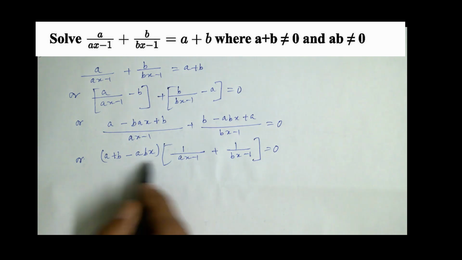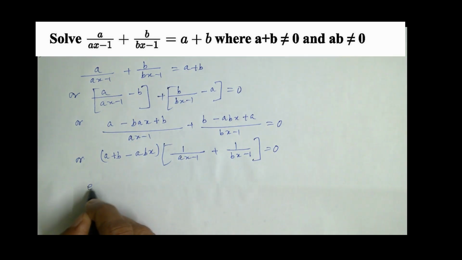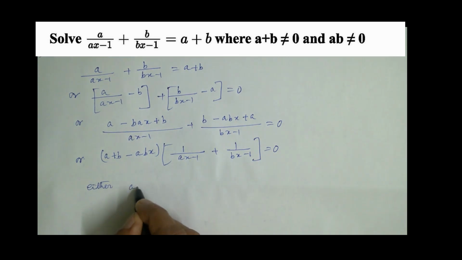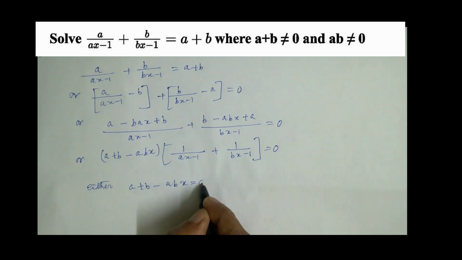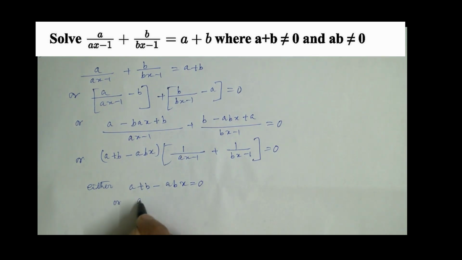Now consider first this is equal to 0. Now either a plus b minus abx is equal to 0. From here, a plus b transposed to the right, abx.